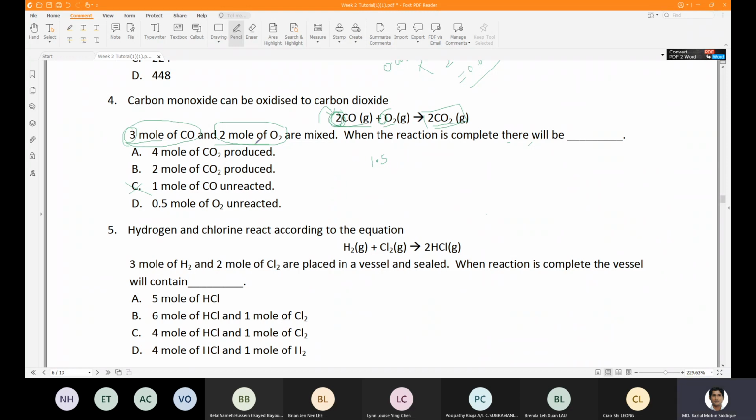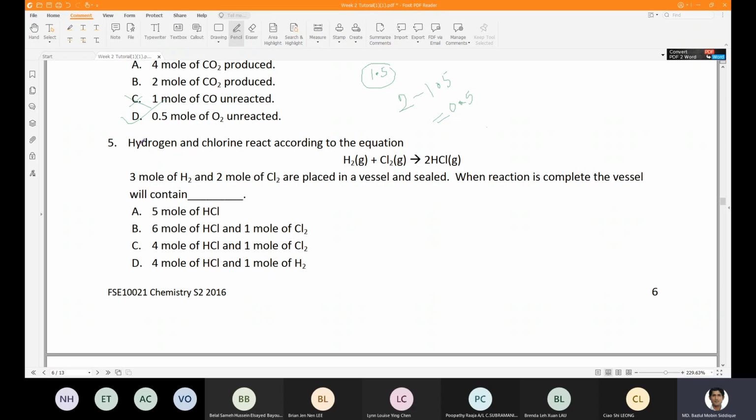Half of 3 is 1.5 moles of oxygen that will be reacted, and then the excess is 0.5 out of these 2. So 2 minus 1.5 is 0.5. So 0.5 moles of oxygen will be left over in the system. So D is the correct answer.